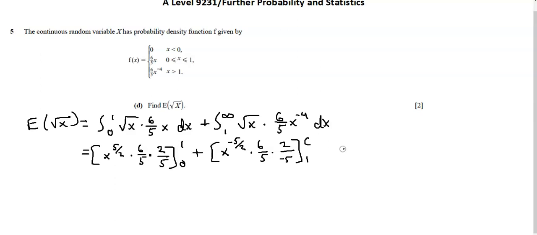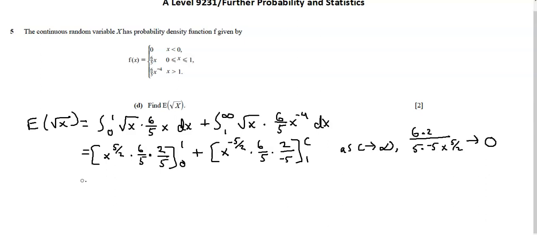and I'll note that as c approaches infinity, the value 6 over 5 times 2 over negative 5 times x to the power of 5 over 2 in the denominator approaches 0.